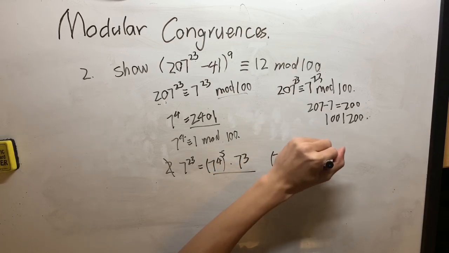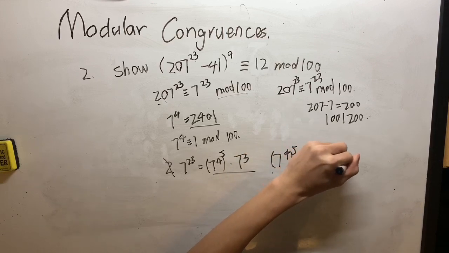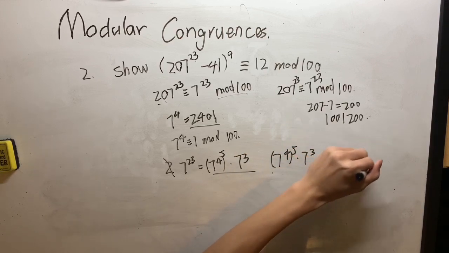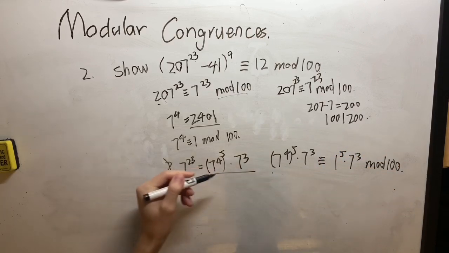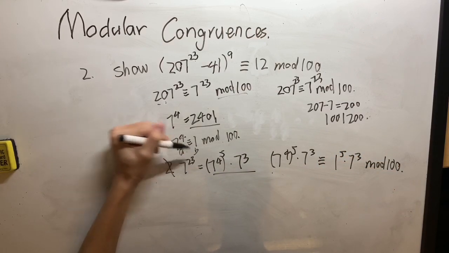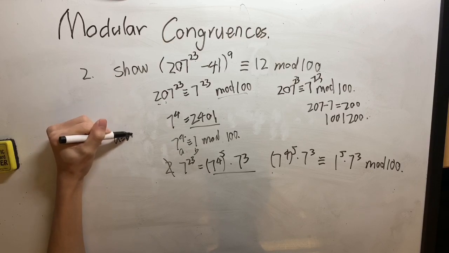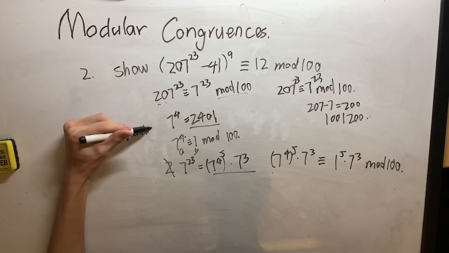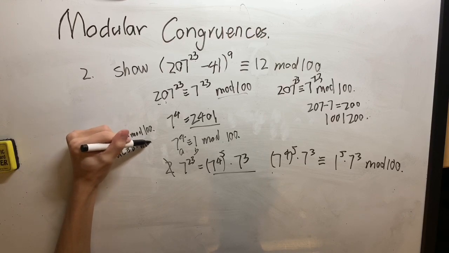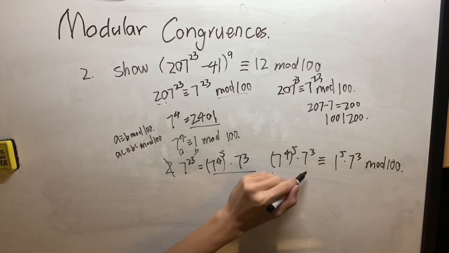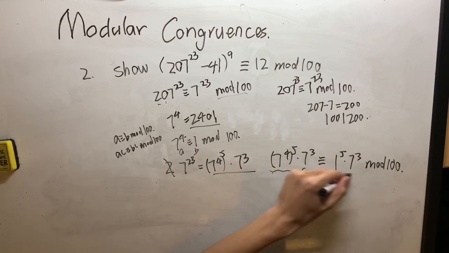This is congruent to 1 to the 5th times 7 cubed mod 100. So basically that's A, that's B, and A is congruent to B mod 100. Then AC is congruent to BC mod 100, which is right here.